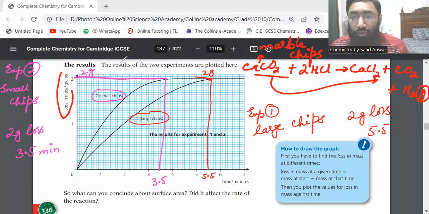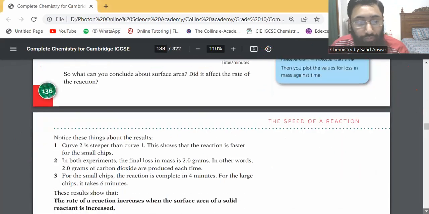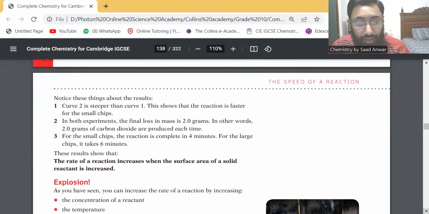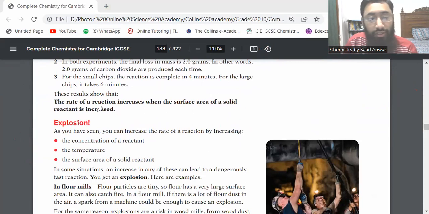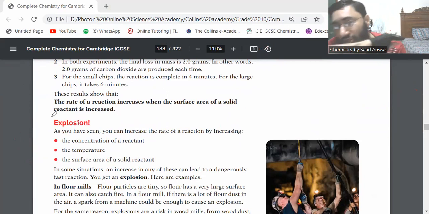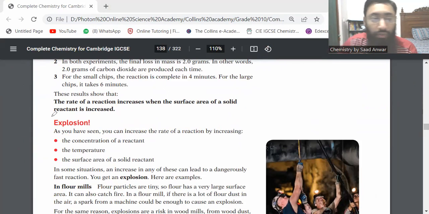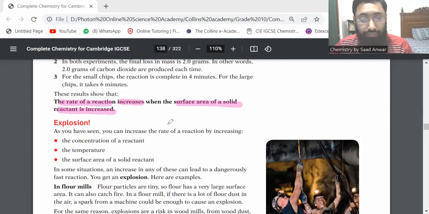So this thing I want to share with you. Now all these things are explained here, and I am going to highlight a few important lines, and I suggest you guys highlight these lines as well in your textbook. No matter which textbook you are following, the rate of reaction increases when the surface area of solid reactant increases.